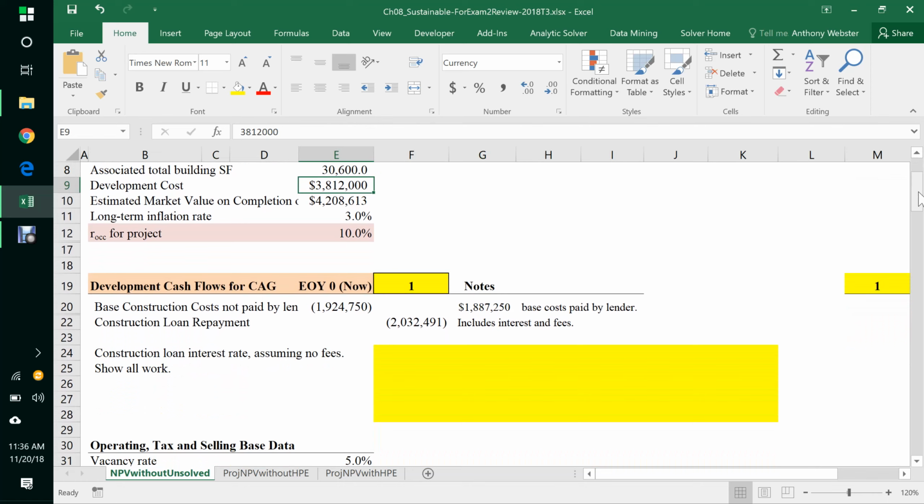Construction loan interest rate, assuming no fees. So this is the type of loan where the developer just gets a big blob of money at t equals 0, pays it back at some future time.